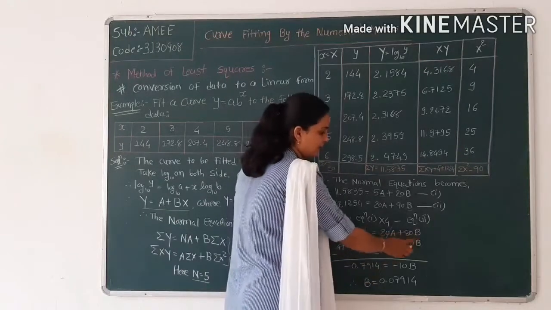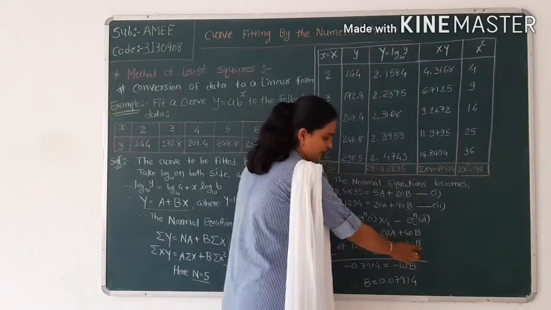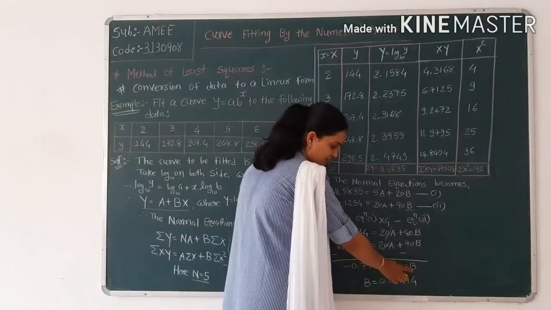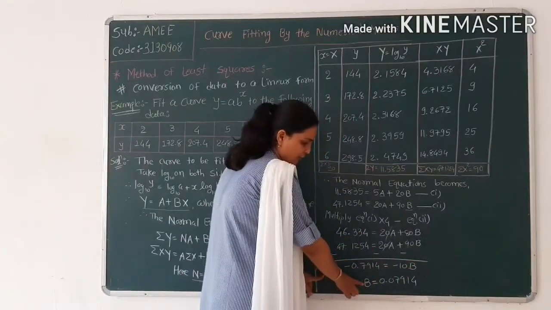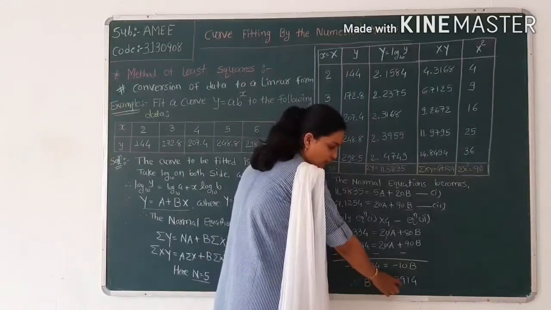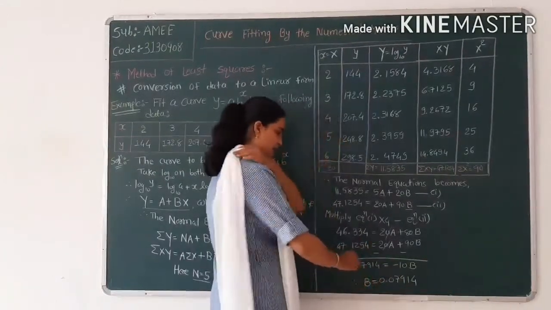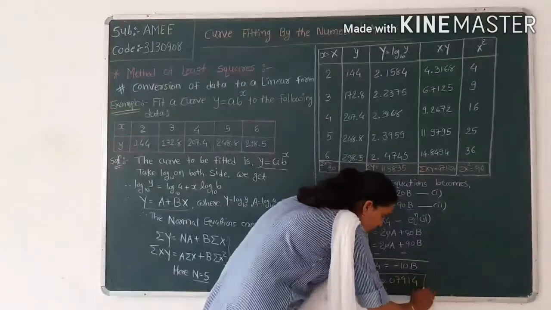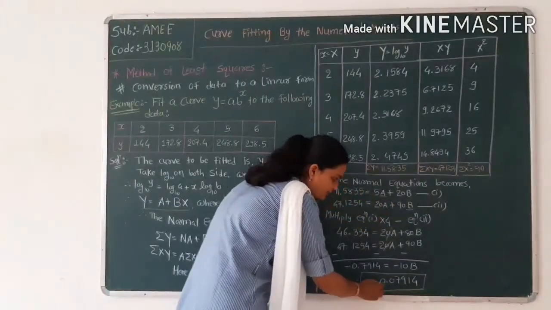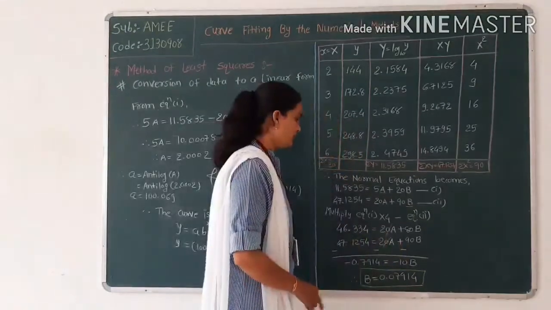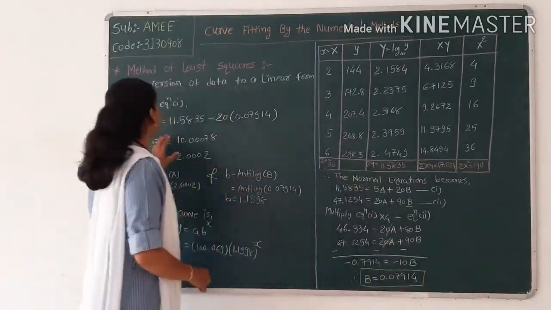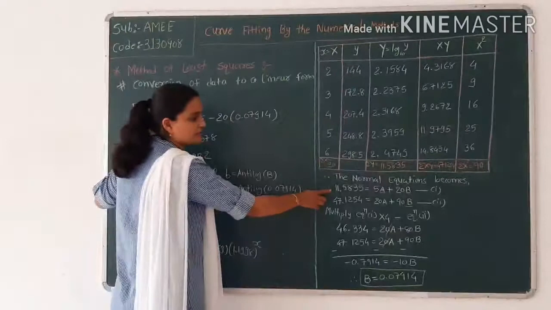And 80B minus 90B is minus 10B. So we get capital B equals 0.07914.